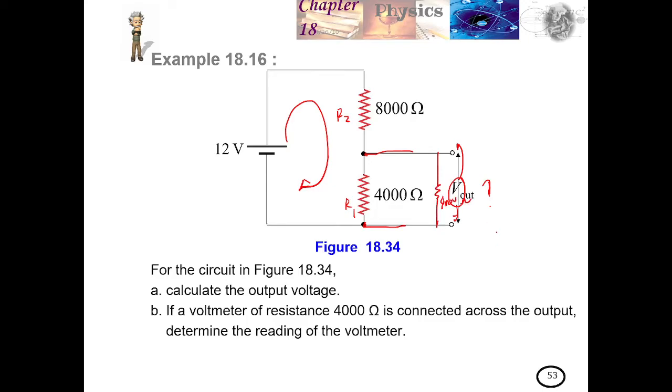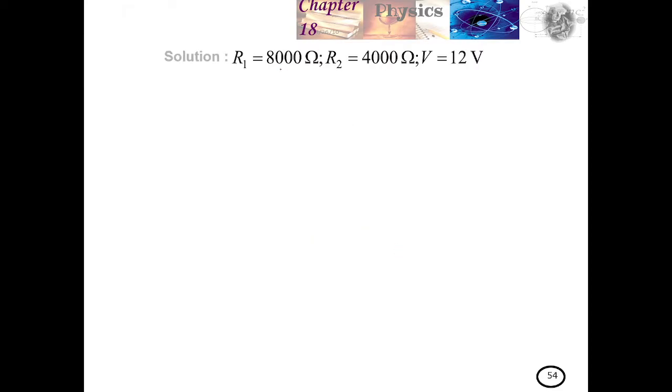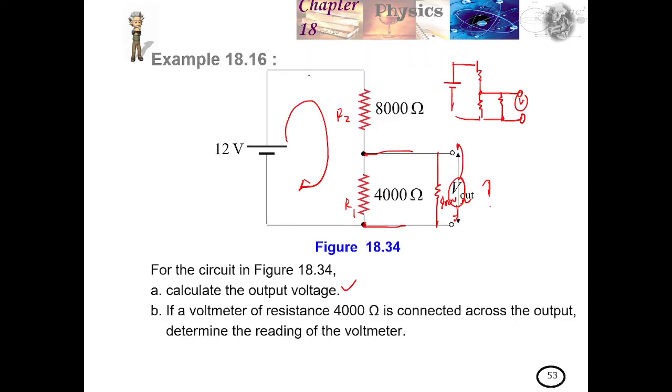If we redraw, we have the source, R2, R1, and this is connected to the new resistor, the voltmeter. So calculate the output voltage first. R1 is 8000 and R2 is 4000 from this example.